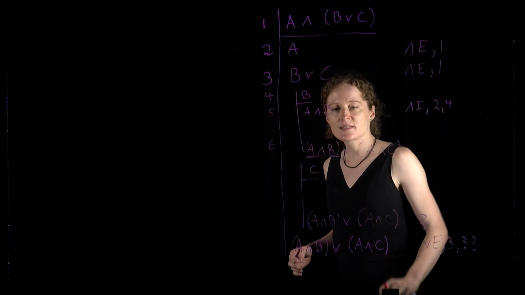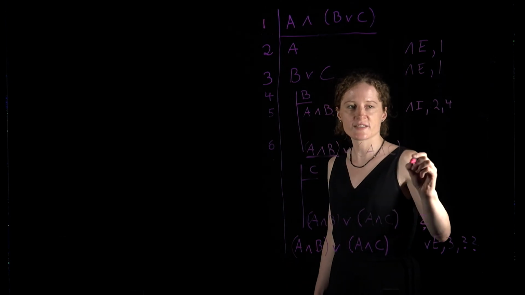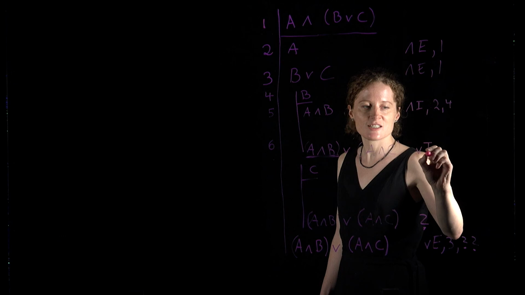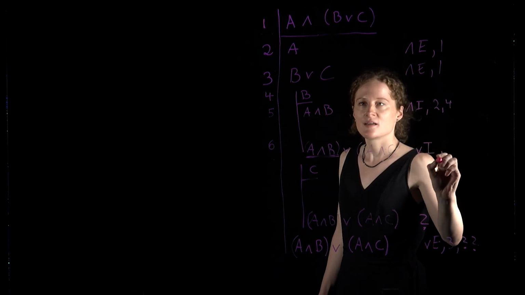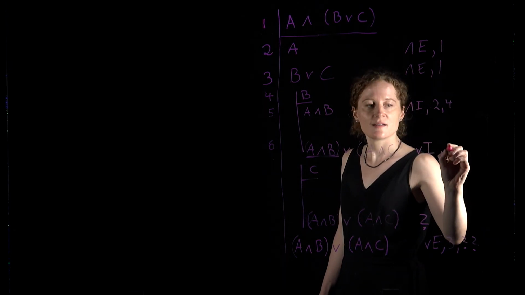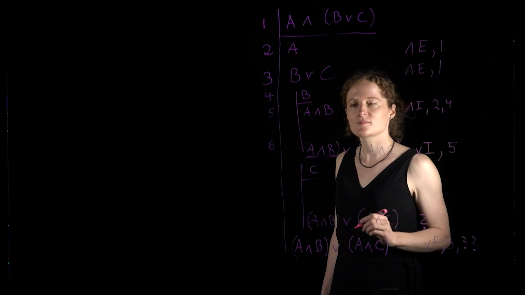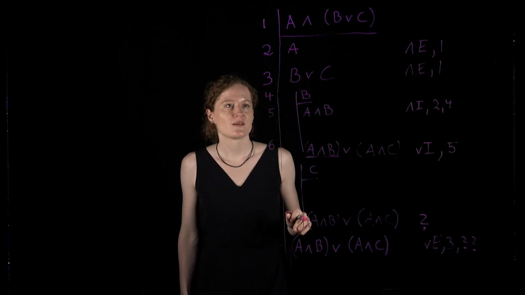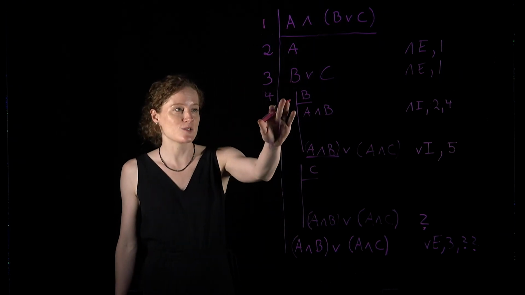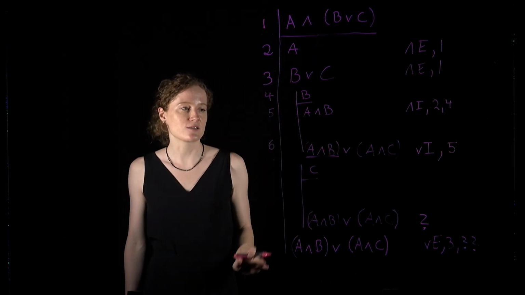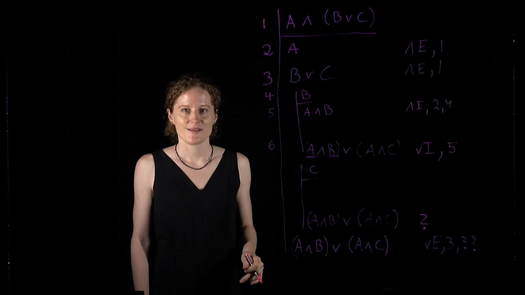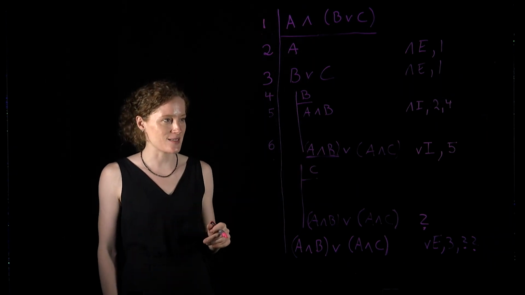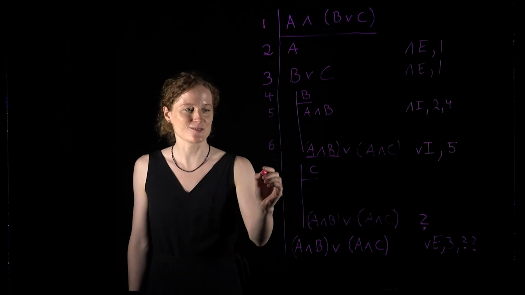And so that means that I can infer the whole disjunction citing disjunction introduction and line 5. That completes my first subproof. I have shown that under the assumption that B, our desired conclusion follows. Now, can I do the same for the second subproof? Can I also complete the second subproof to establish the same conclusion?